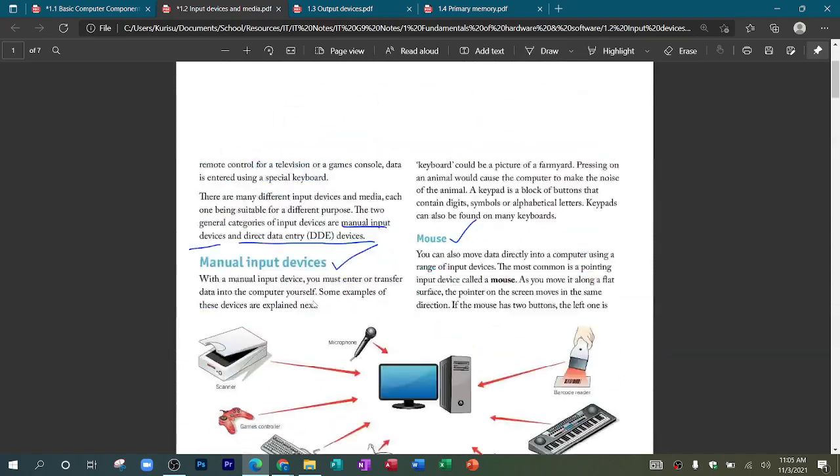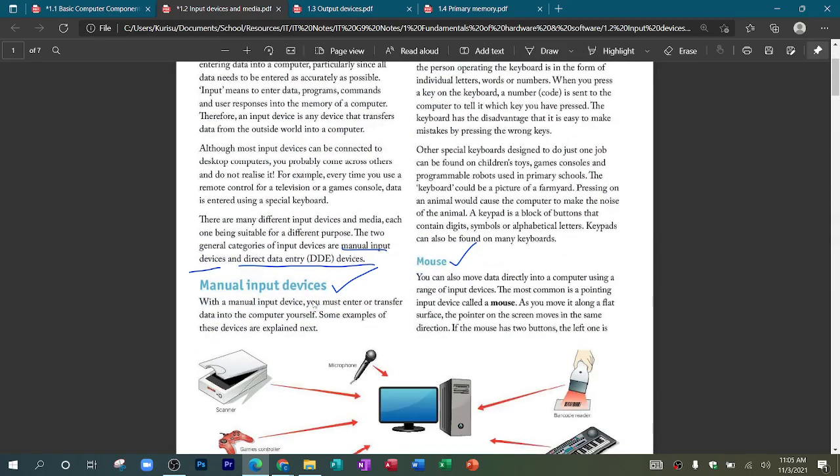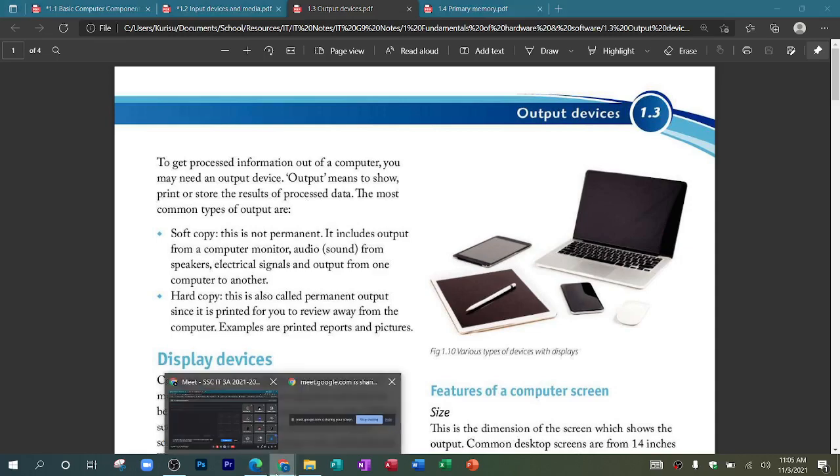So remember, the main things to remember here are what is an input device, what are the two types of input device, and what are the examples that fall under those types. The last chapter we had considered is the output devices. So you have to remember, what is an output device? Basically it gets data or information out of the computer.